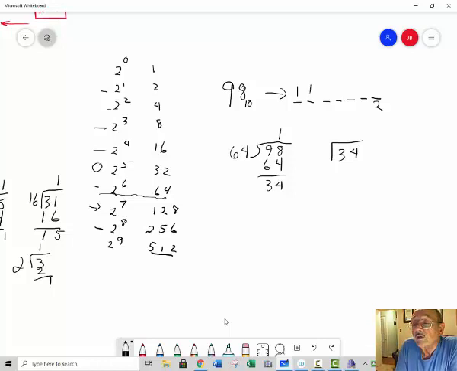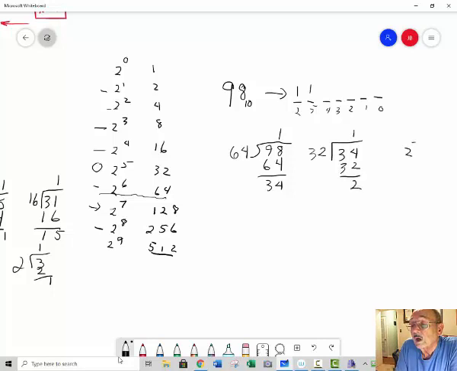And I'm going to put my powers down here. This is 2 to the 0, 2 to the 1st, 2 to the 2nd, 2 to the 3rd, 2 to the 4th, 2 to the 5th, 2 to the 6th. Okay, now we've already got the 5th. The 5th is 32. How many times will 32 go into 34? One time with a remainder of 2.